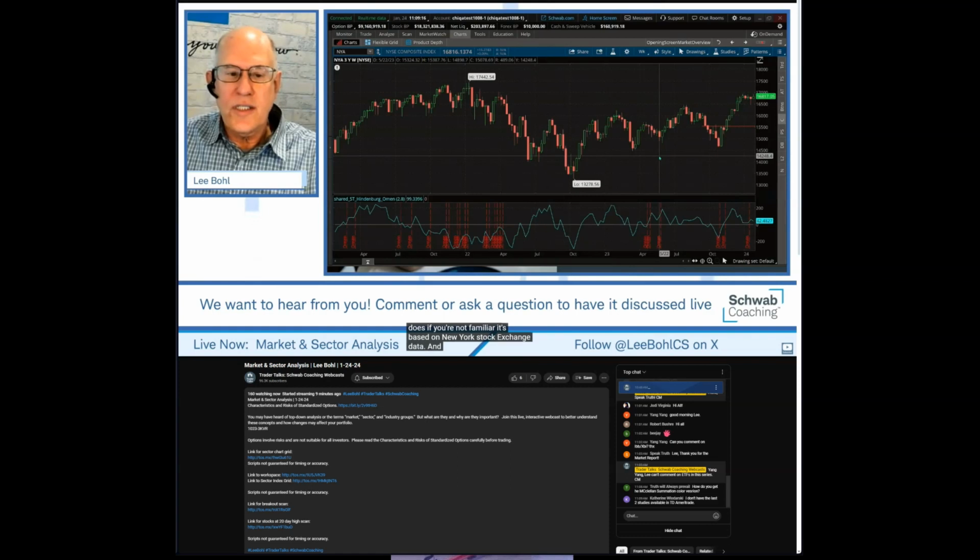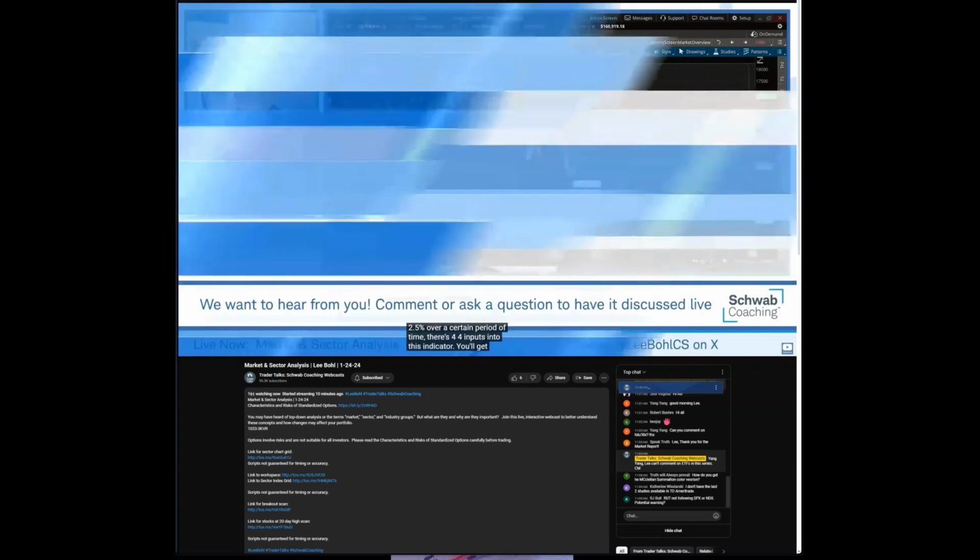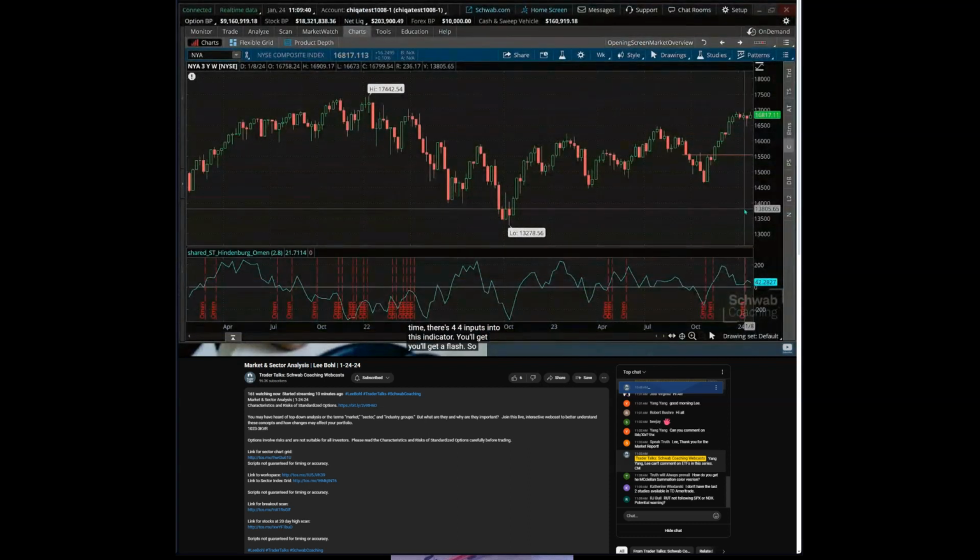And what it does is it simply compares the number of 52-week highs percent to the number of 52-week lows percent. If they're both over about 2.5% over a certain period of time, there's four inputs into this indicator, you'll get a flash. So we did have a flash on the 8th, but one flash is not enough.